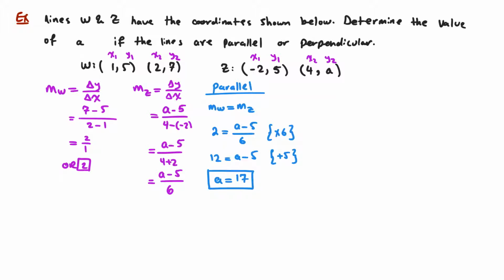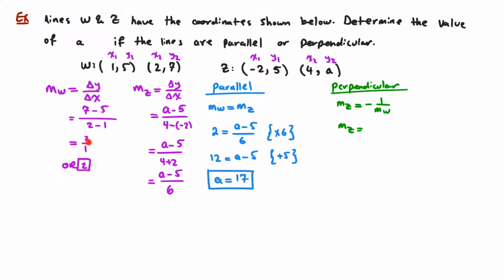Now, the second case is if the lines are perpendicular. In this case, we know that m_Z needs to be a negative reciprocal of m_W, meaning that what I have to do with the slope of W is take the reciprocal and also its negative.